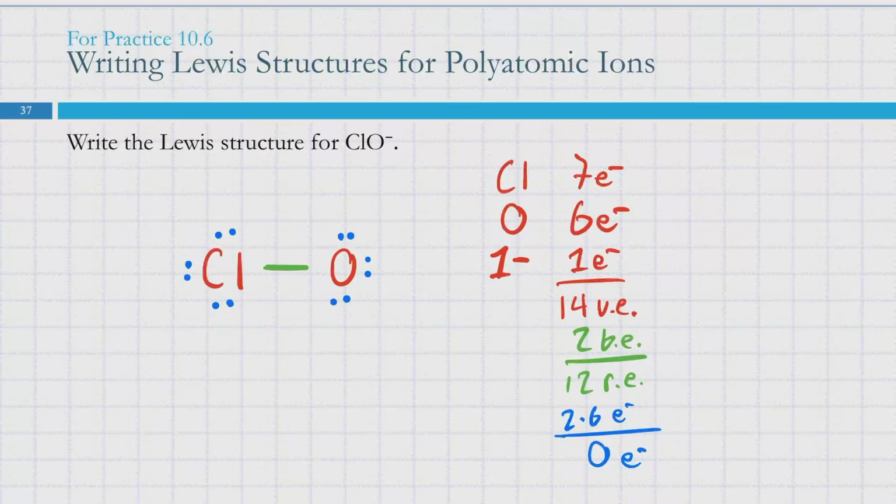That's all of our electrons placed. If we check for octets, we've got 3 lone pairs, 6 electrons, plus the 2 that are shared. Each of these has its full octet.